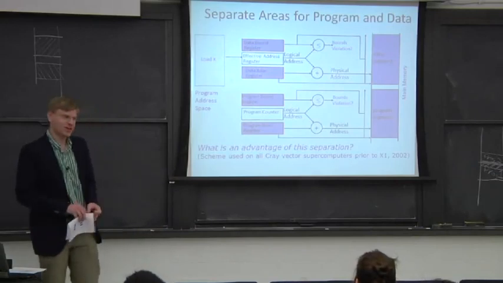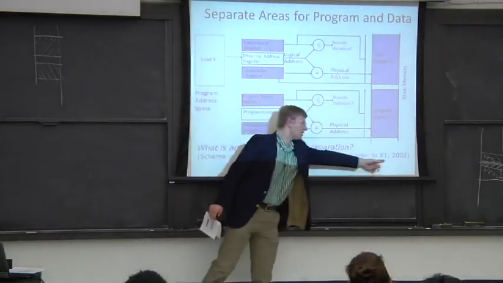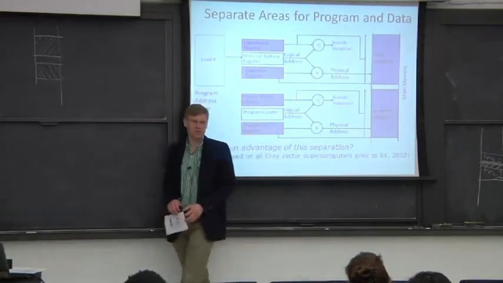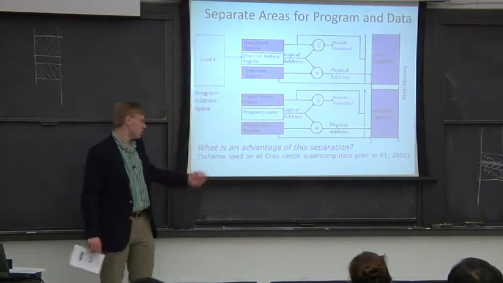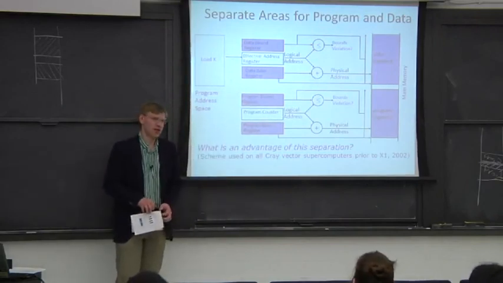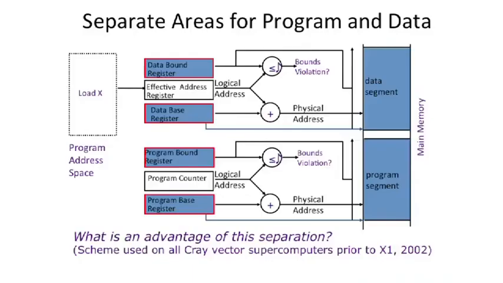And in fact, this is actually used pretty recently. There are still, to some extent, vestiges of this, as I said, in x86. But the old Cray vector supercomputers actually did not have a more advanced memory system, but instead just had base and bound registers.